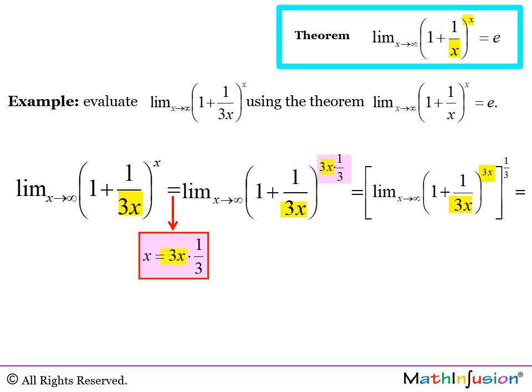Now I'm observing that in the brackets I have exactly the theorem. Again, nobody cares if I have 3x instead of x, because when x approaches infinity, 3x also approaches infinity. This is e. And I get e to the power of 1 over 3, which is the cubic root of e.